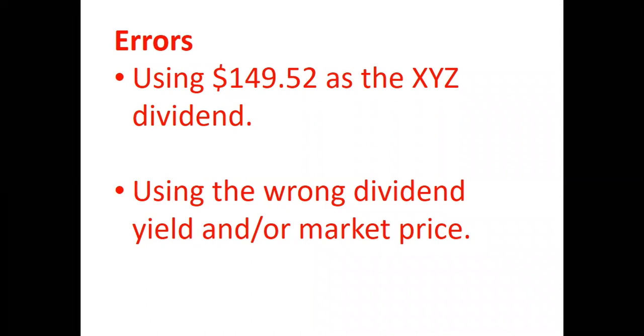So they didn't have a good look at the table that was shown. They picked the wrong price for one of those and were doing the working. Common thing was to use $5.50 twice, one for each of the two shares, or use 4% or 6% in both calculations for XYZ and ABC.